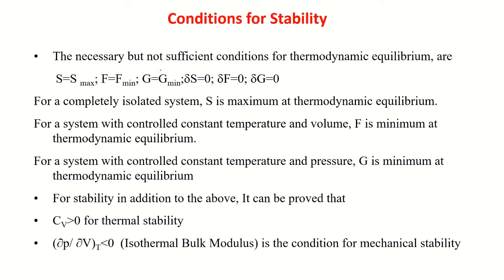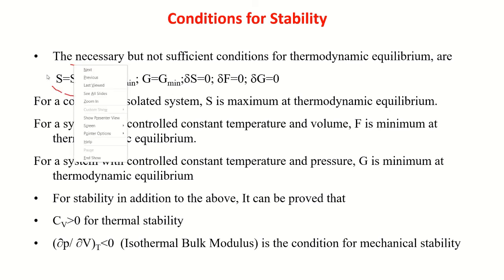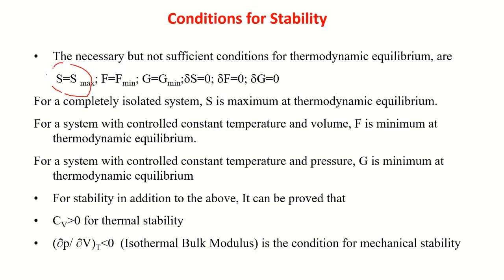So the necessary but not sufficient conditions for thermodynamic equilibrium are: S should reach maximum, then we attain the equilibrium state. F will become F minimum, G will become G minimum.